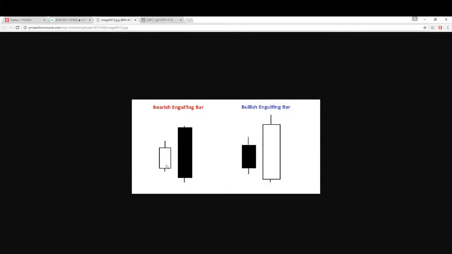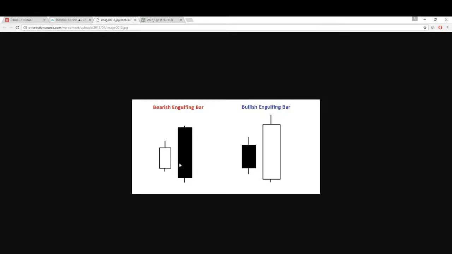So after an obvious uptrend, bulls finally gap the market, gap the next candle open, but the price closes below the whole body of the previous candle.